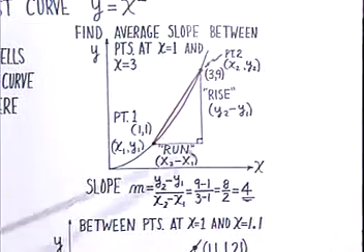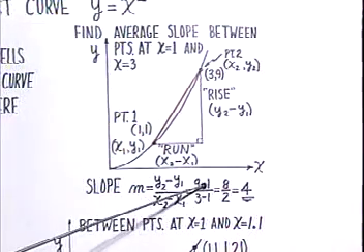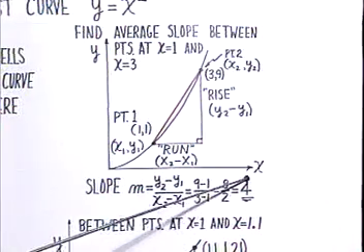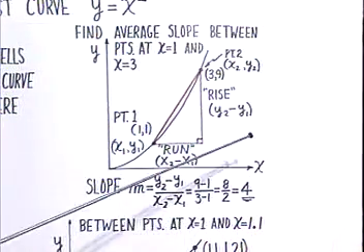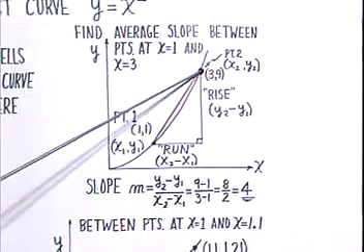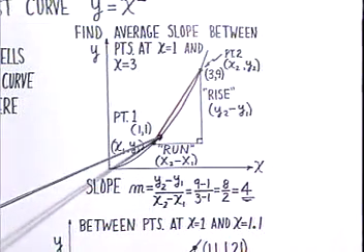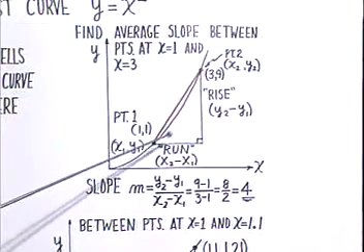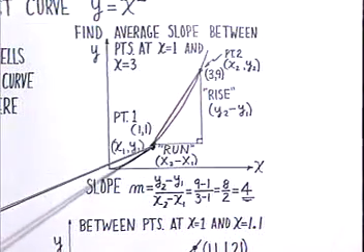So you have 8 over 2, or 4, for the slope, the average slope between these 2 points. It's not an exact average really, but we'll call it an approximate average.